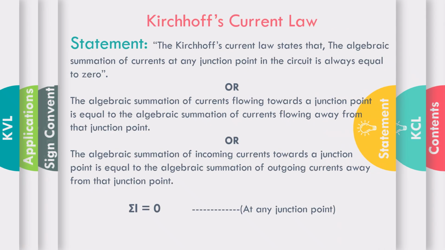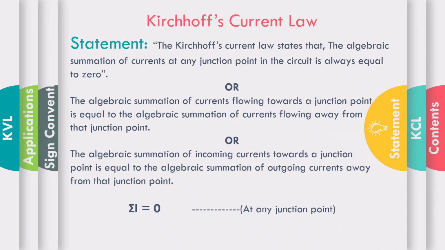In this lecture, we will first see KCL, that is Kirchhoff's current law. We will first see the statement of Kirchhoff's law. Kirchhoff's law states that the algebraic summation of all currents at a particular junction point in the circuit is always equal to 0.